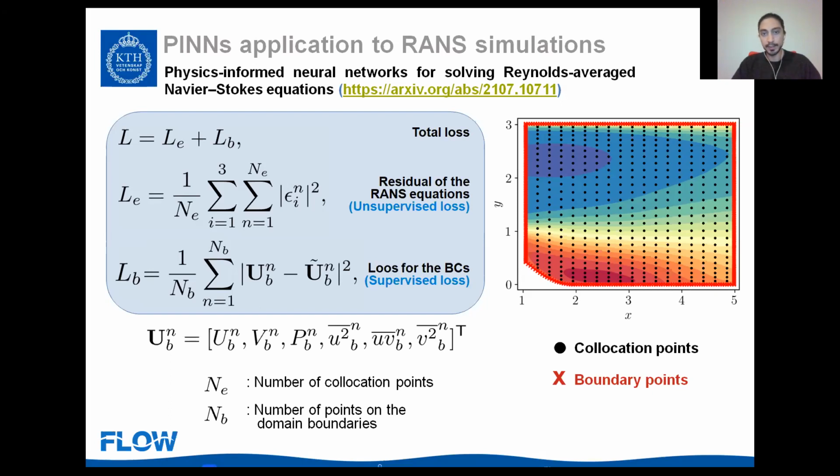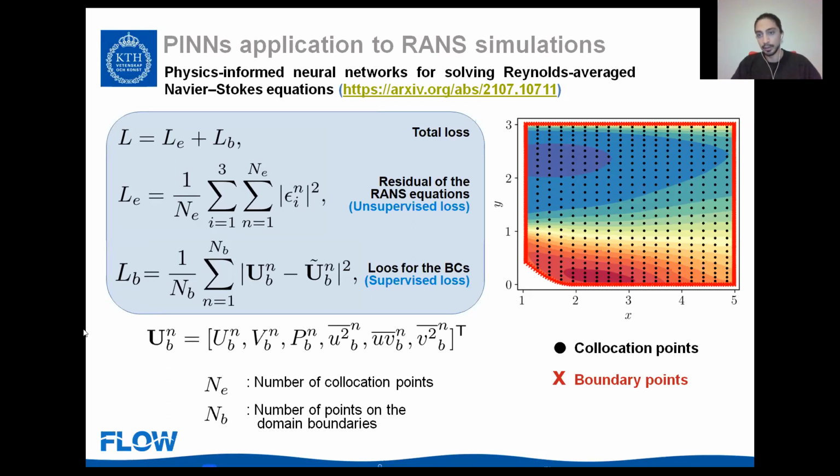So we have the data on the domain boundaries here, shown by red crosses, and inside the domain we have some points. We call them collocation points. For these collocation points, we don't have the targets, and we want to obtain the solution on these points. These are the points on which we are going to compute the residual of the governing equations.